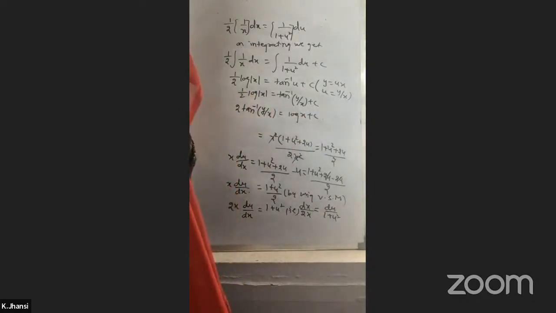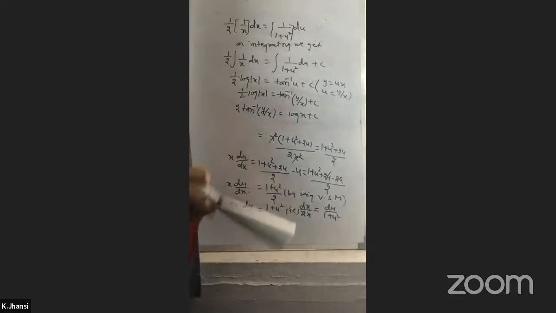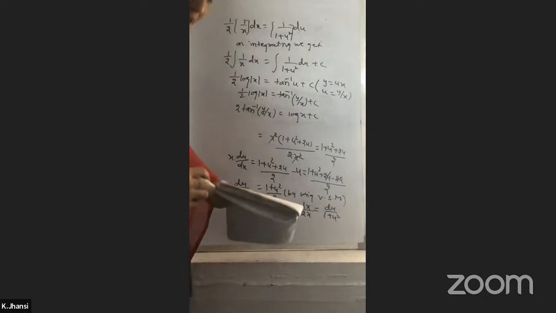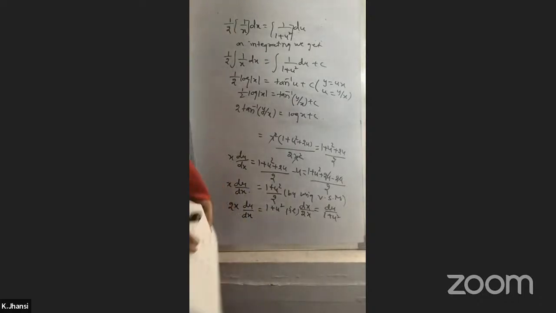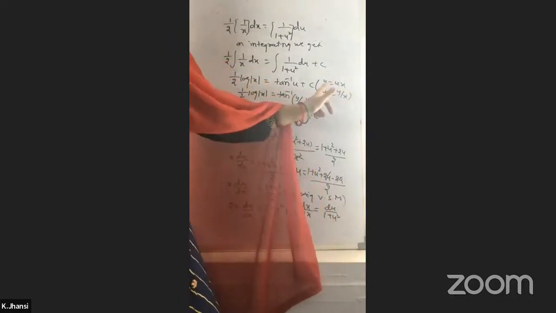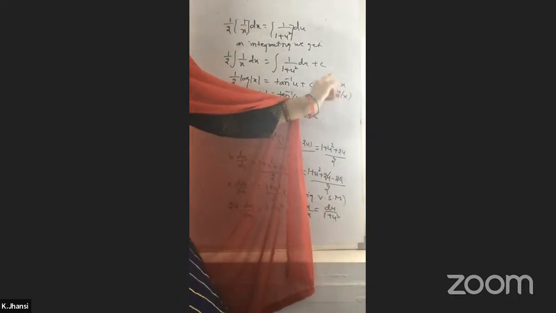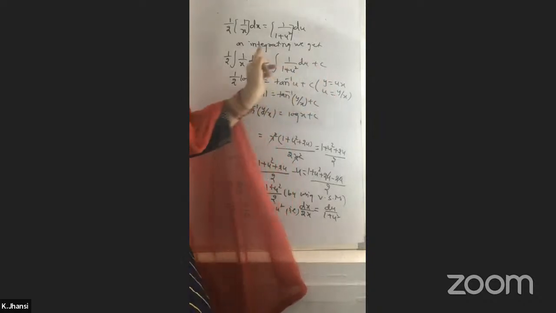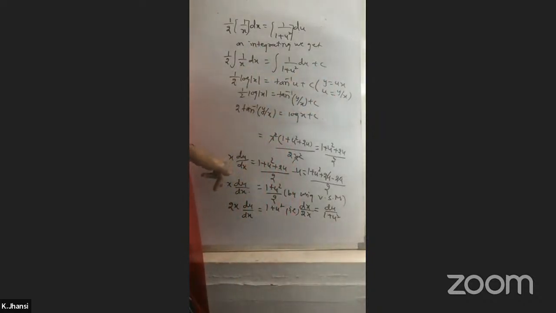Like this, you have to find the solution of the homogeneous differential equation. First, check whether it is a homogeneous differential equation or not. If it is, then you substitute y = ux and also dy/dx = u + x·du/dx.